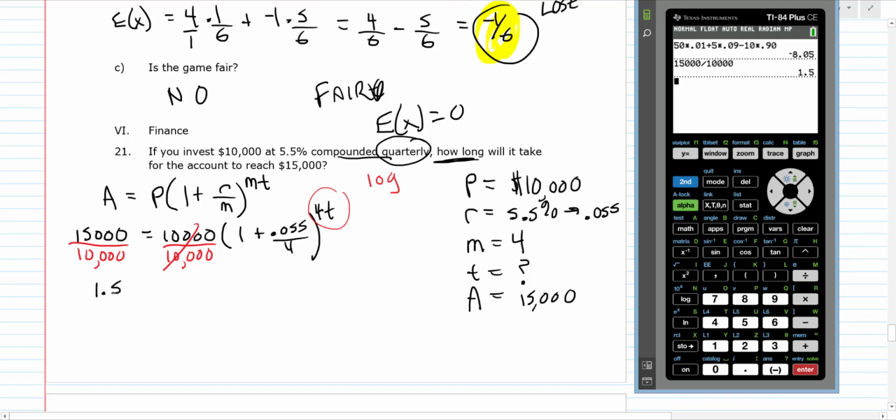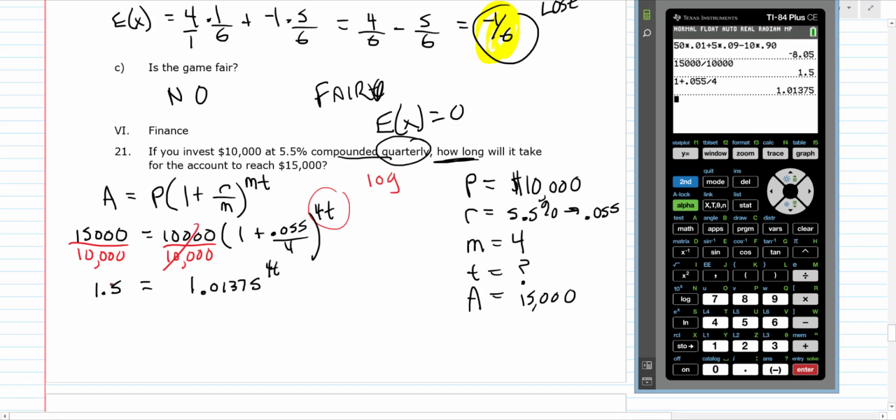So I have 1.5 is equal to, and then if you want to, you can go 1 plus 0.055 divided by 4, or you could wait till the end of the problem. That's up to you. I'm just going to go ahead and do that. So I get 1.01375 to the 4t power.